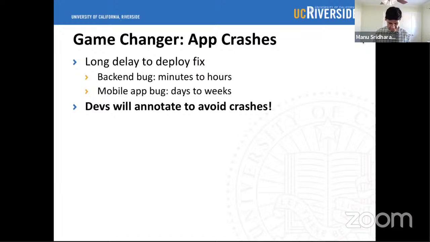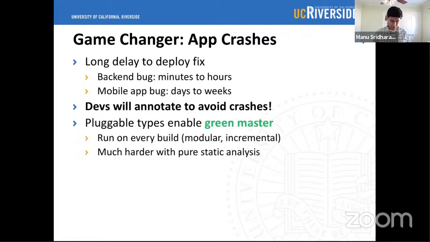And another advantage here that developers really like is that if you can get your pluggable type system running inside the compiler with low overhead, they enable what's called a green master, where basically if you check out the latest version of the code and you run your checker on that code, it should report 0 warnings.